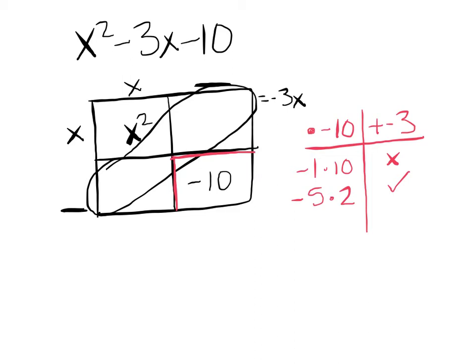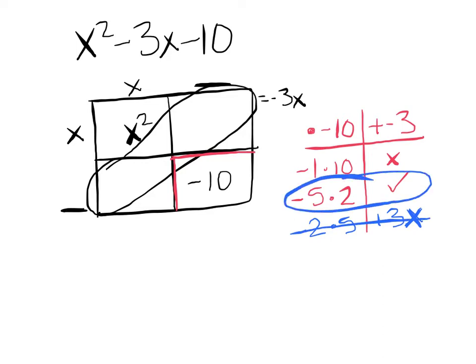I just want to throw this out here while we're talking about this problem. What if I had stumbled upon negative 2 and 5? That adds up to be positive 3, which does not work. However, it gives us a clue that all we need to do is flip our signs. So negative 5 and 2 are our solution numbers.